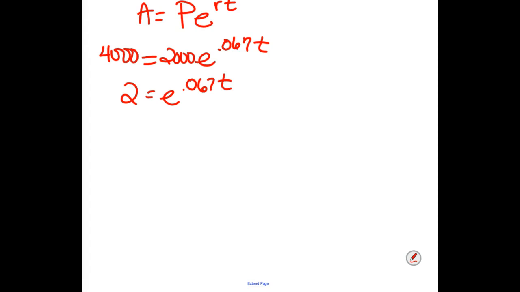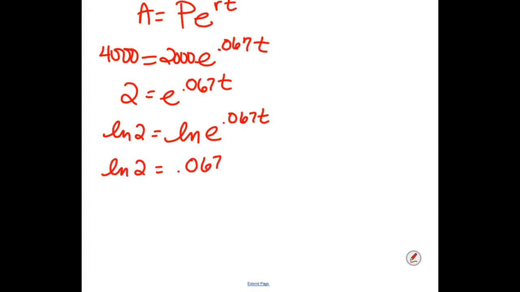We're trying to find t. Take the natural log of both sides. So the natural log of 2 equals the natural log of e to the 0.067t. What happens on the right-hand side? Okay, so we have the natural log of 2 equaling 0.067t.